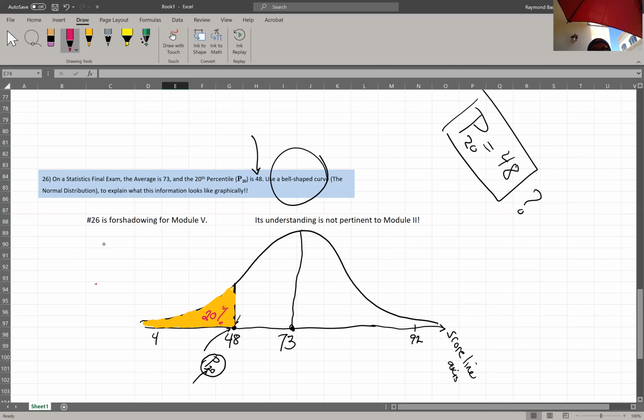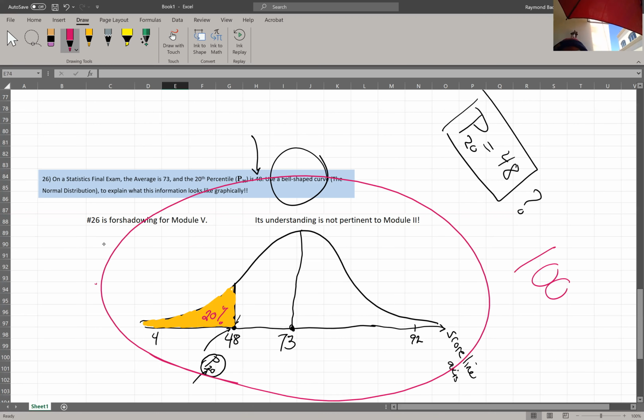So when someone says the 20th percentile is 48 under a bell-shaped curve, it means that 20% of the students had grades below 48. We always know that in probability, the whole thing is 100%.